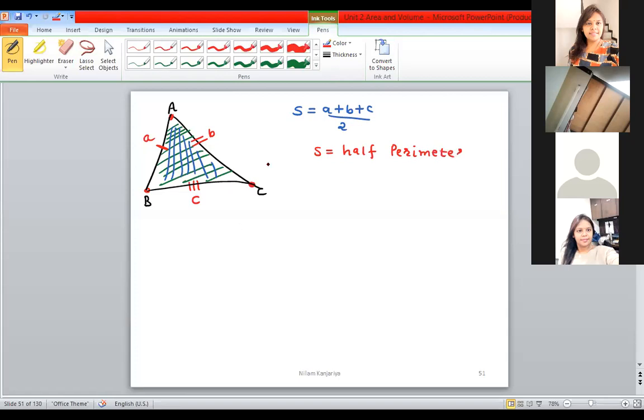So first of all, if you have three sides, you can find the perimeter and the half perimeter S, and put it in this formula. The area is equal to the square root of S times (S minus A), times (S minus B), times (S minus C).